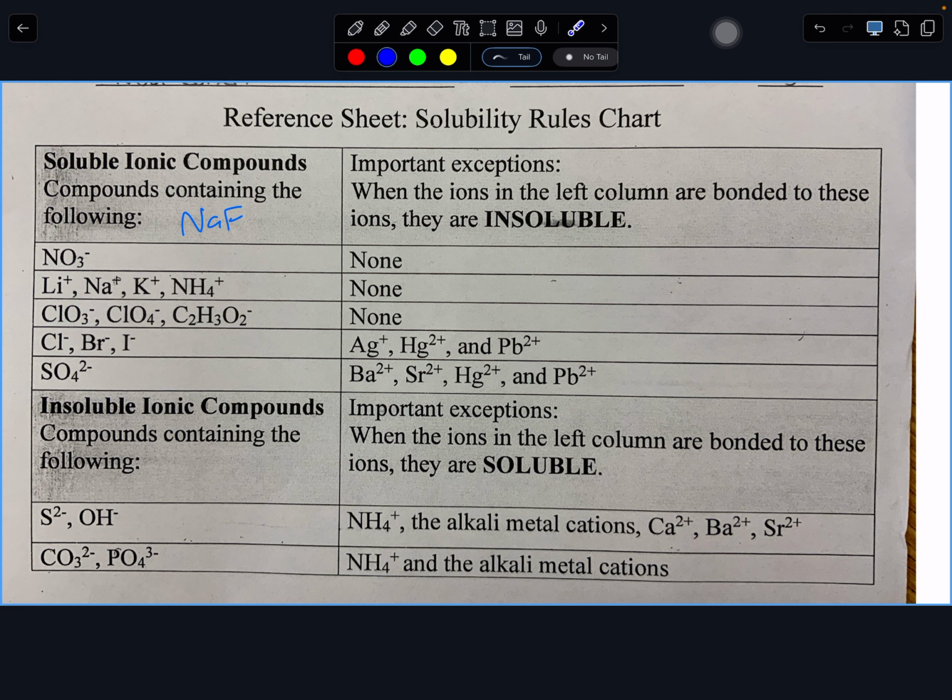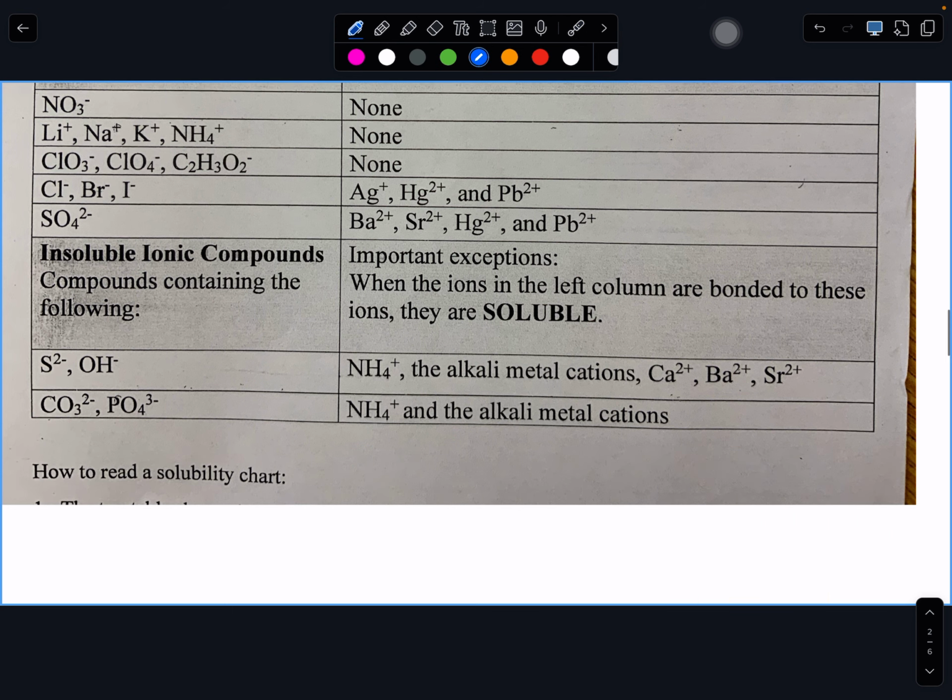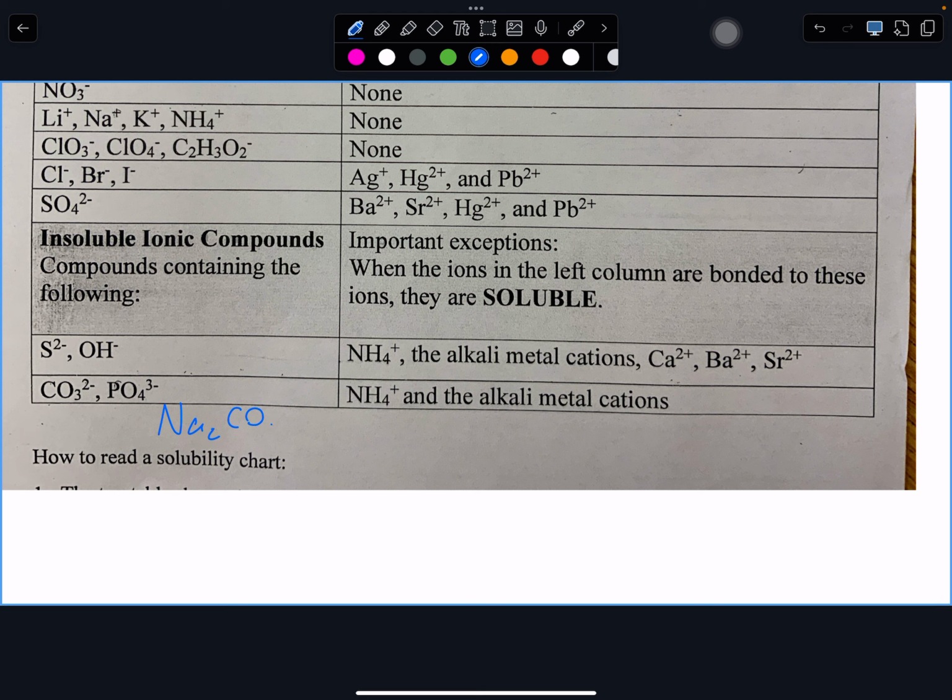They're aqueous. So when it is CO3 2 negative, and it's an alkali metal, if I were to give you Na2CO3, Na is an alkali metal.